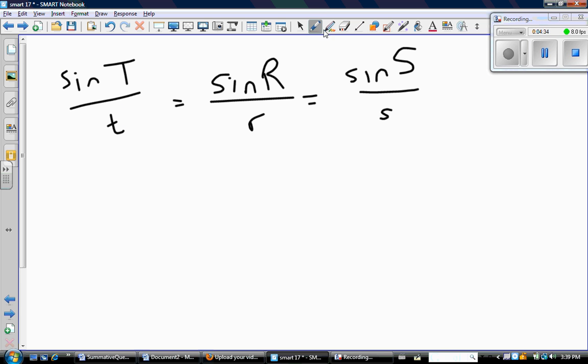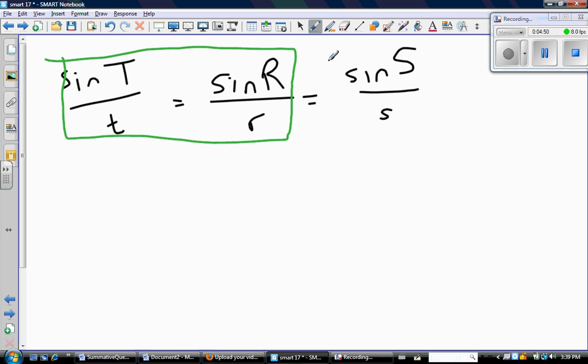You'll notice I always put the one combination that I know, both big R and little r, in the middle just because it's the most important piece of the puzzle. Then I'll start by using this equation and solve for my missing side length t.